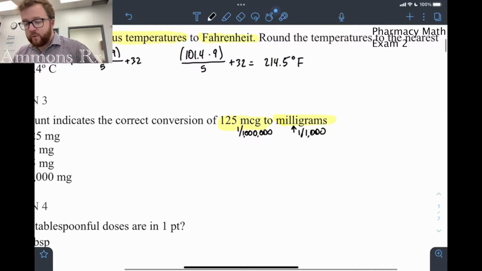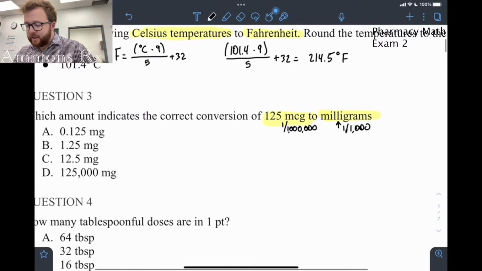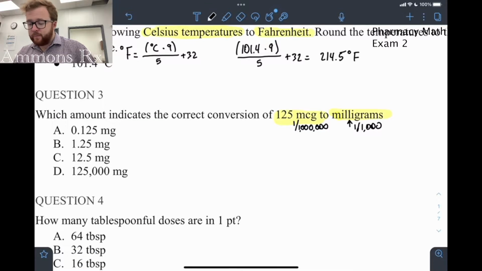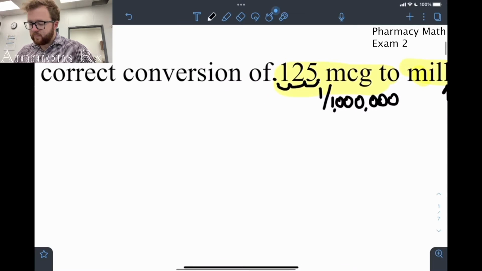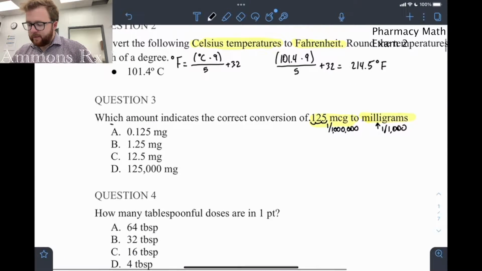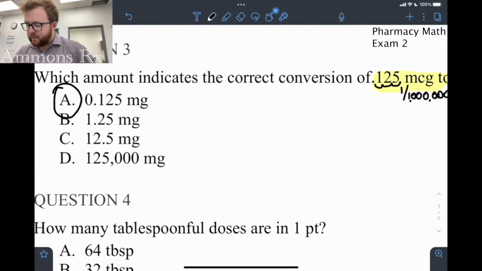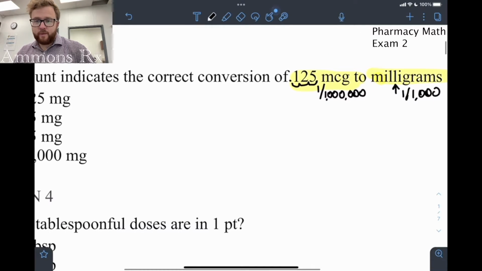That tells you what we need to do, because there are 3 additional zeros on micro than there is on milli. So if there are 3 more zeros, we need to move those zeros back. Starting right here, 1, 2, and 3, that's 0.125. You basically just divide by 1,000.